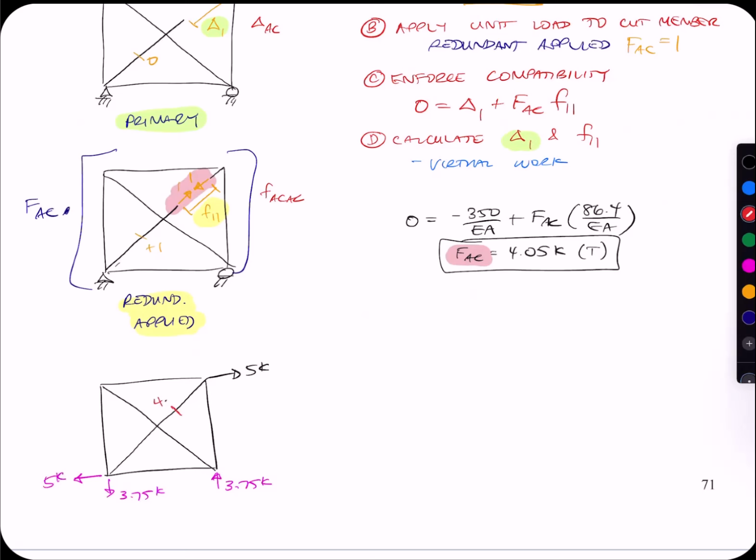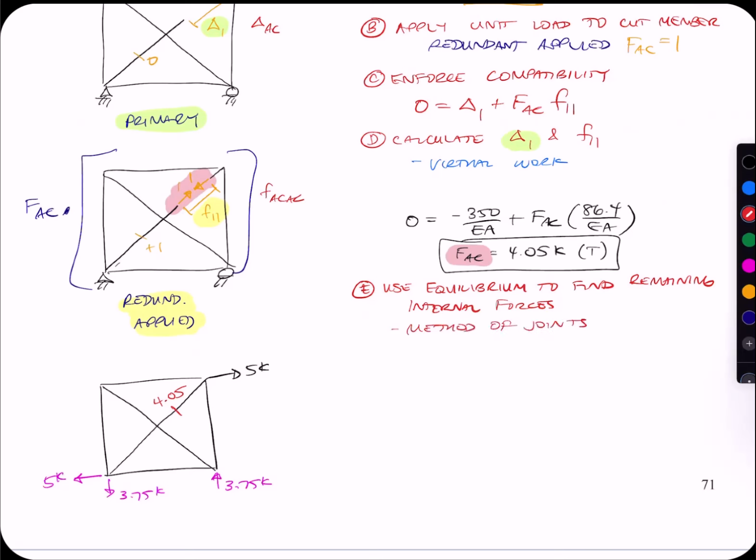It is 4.05. And now I can use equilibrium to find the remaining forces. So this is going to be method of joints.